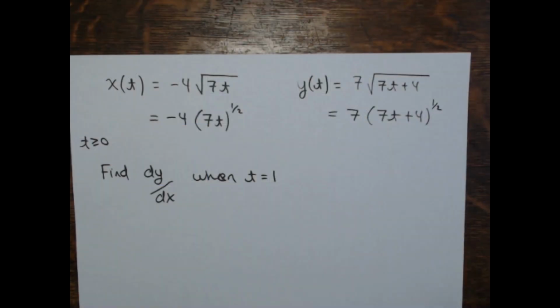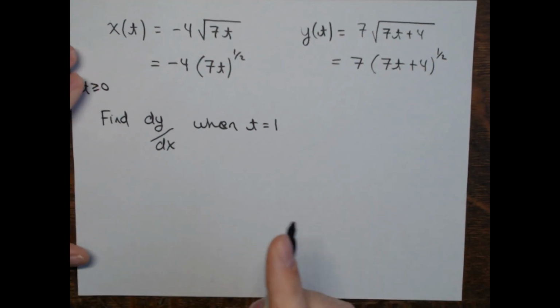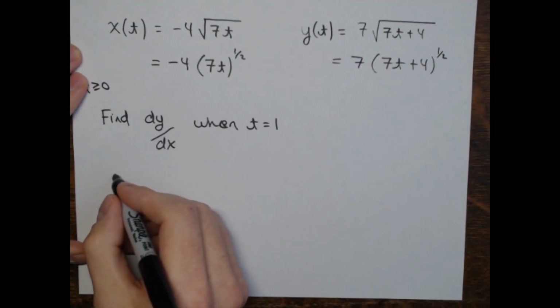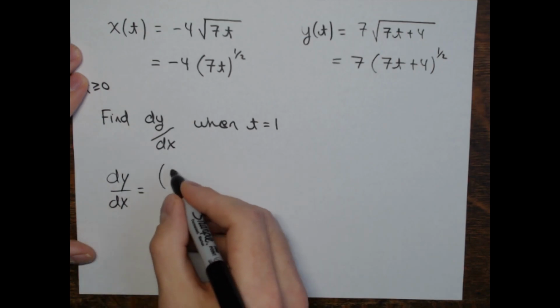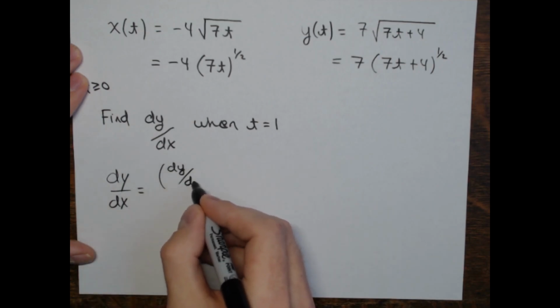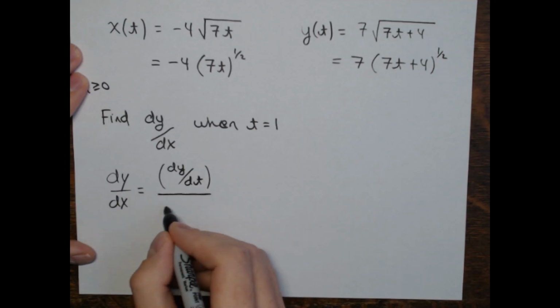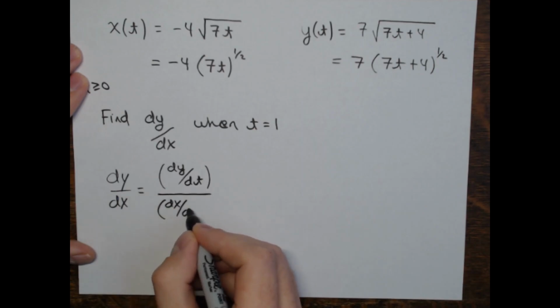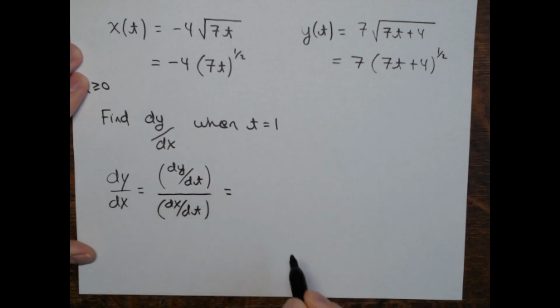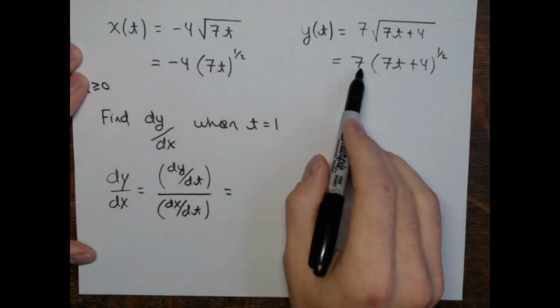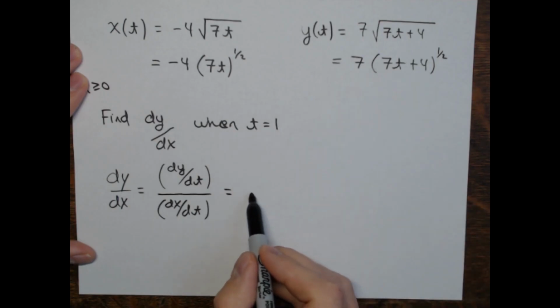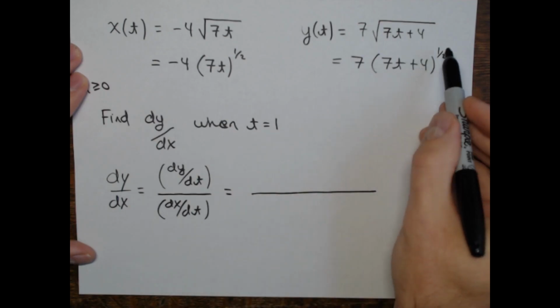Well, let's see. All right, so let's go. Remember, dy dx, once again, I'll keep writing this. You're doing the derivative of y with respect to t divided by the derivative of x with respect to t for these parametric curves. Now the derivative of y with respect to t, right? So the numerator is going to be the derivative of y.